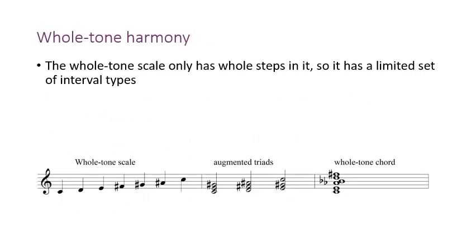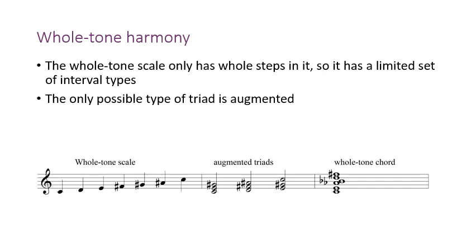Now let's look a little bit at the whole tone scale and see what's possible with harmony in the whole tone scale. So of course it only has whole steps in it. So there's no differentiation between whole and half, so there's a limited set of interval types. The only type of triad you can make is an augmented triad.